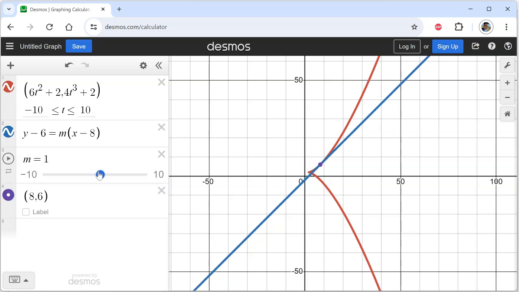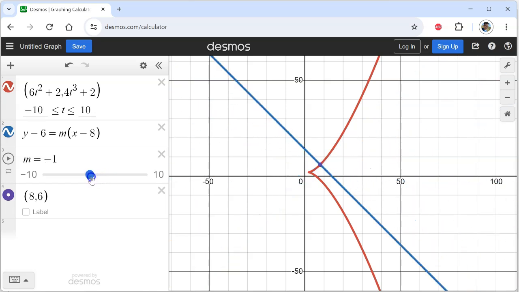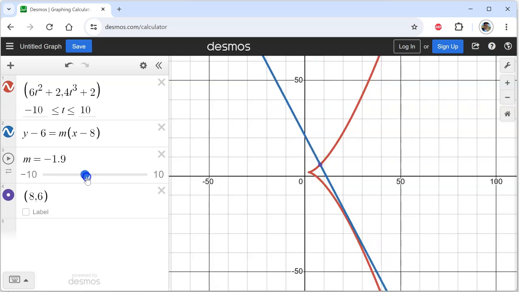So this we can see as a tangent line to the curve. And then another place happens to be here as I get closer and closer. And it looks like the other place is when the slope of our tangent line is equal to -2. So let's go ahead and go back and do some algebra here.